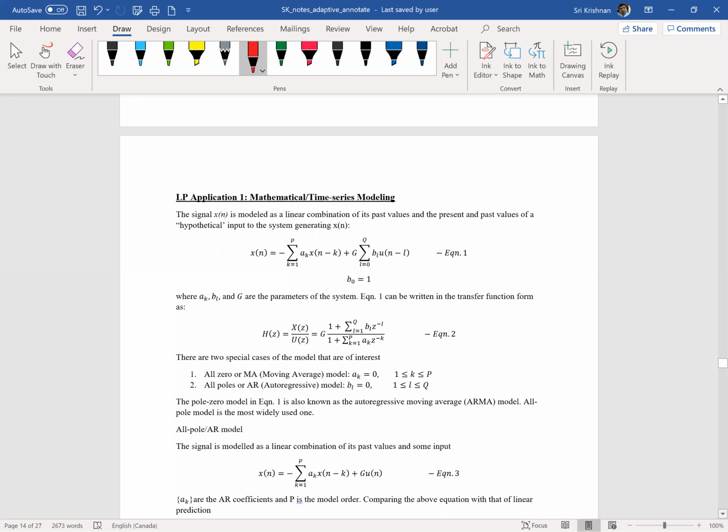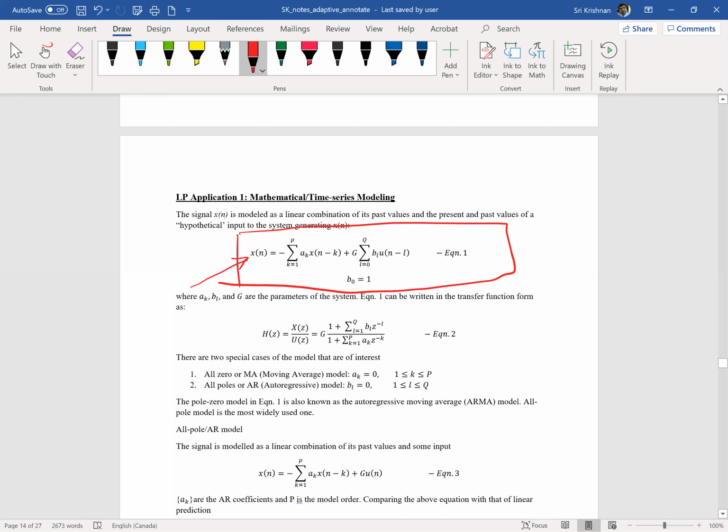With that, the global expression of the mathematical modeling is very familiar from the first part of the course. In this expression, we are assuming the signal to be modeled, which could be a biomedical signal.